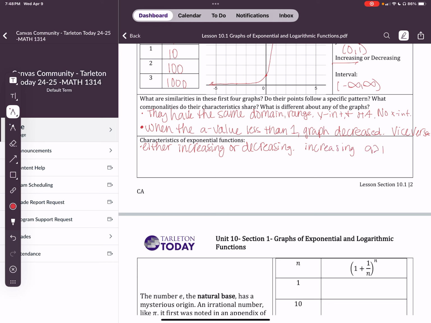That's a terrible greater than symbol. All right, and it's going to be decreasing if a is between 0 and 1. Okay, so it's not ever going to be a negative number. It's going to be between 0 and 1. And then also, exponential functions have a horizontal asymptote, but no vertical asymptote. Okay?